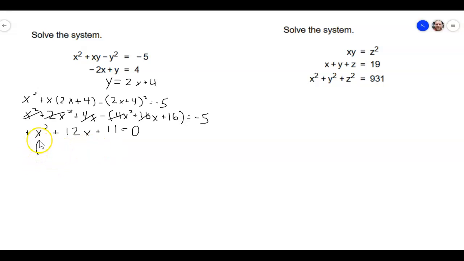So this will factor to x plus 1 times x plus 11 is equal to 0. That's because 1 times 11 is 11, and 1 plus 11 is 12.